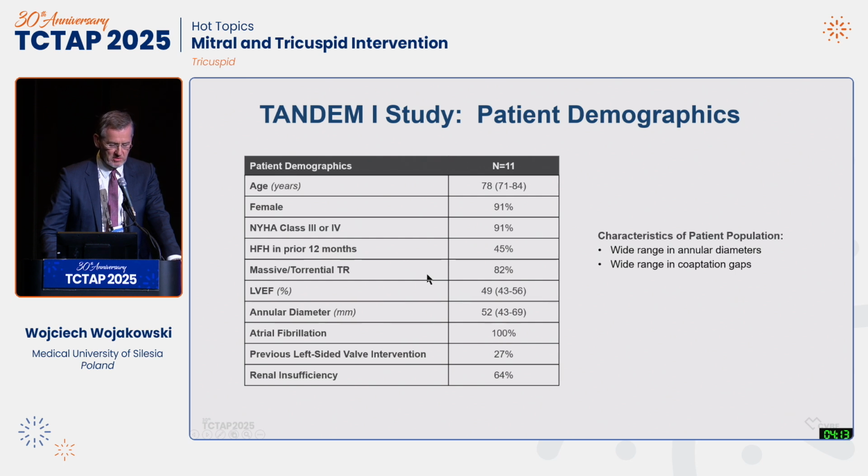So the patients were around 80, mostly female with high New York Heart Association class and poor quality of life. 80% of them were in massive or torrential TR. The LVEF was preserved, and AF was present in all of the patients.